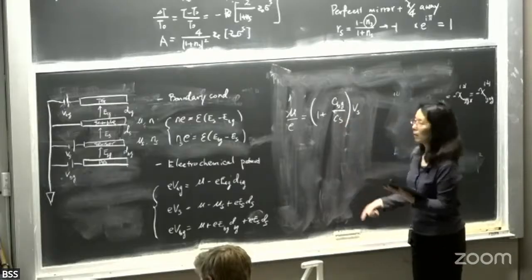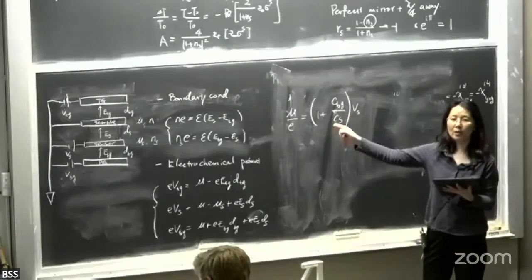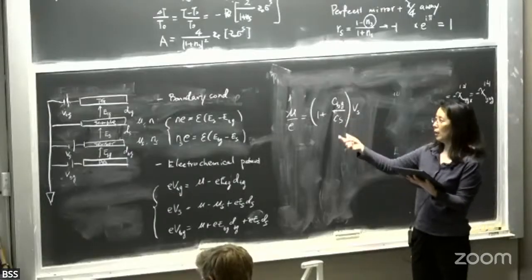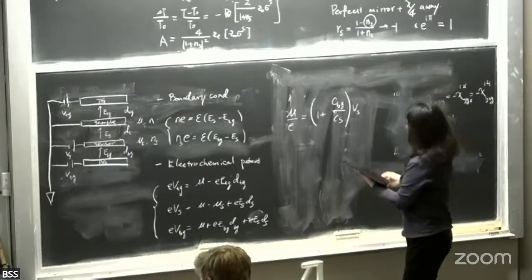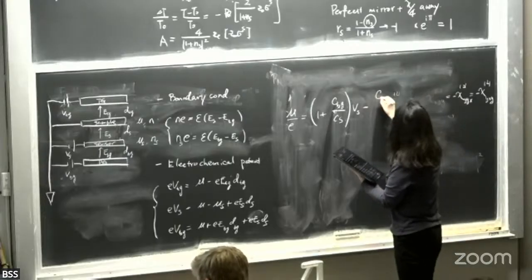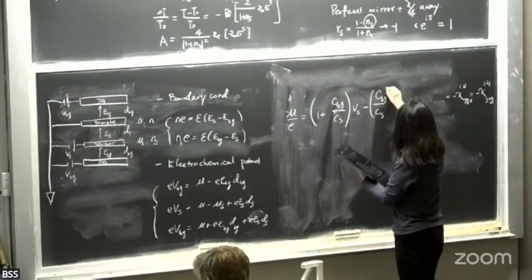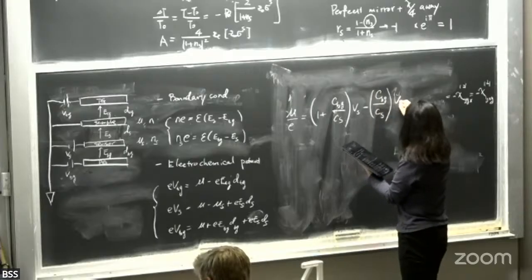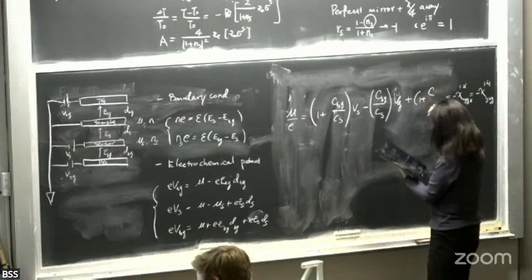And that's something one can calibrate in situ. You don't need to determine them independently. Minus CBG over CS times VG plus 1 plus.